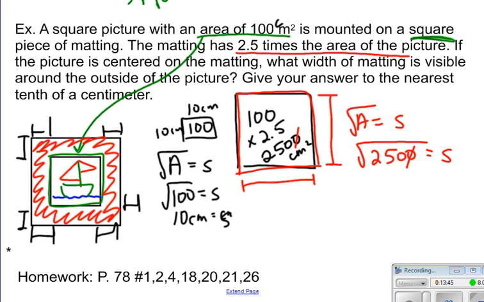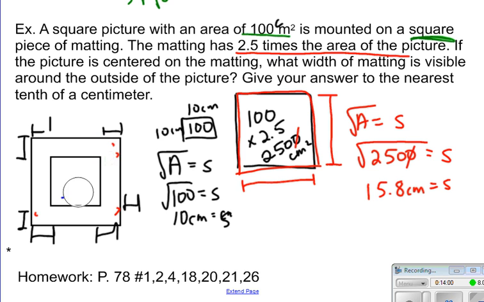When we square root 250 centimeters, we get 15.8 centimeters in length. So, going back to this picture, I'm going to erase a little bit here because it's getting a little crazy. Okay. We know that here to here is 10 centimeters. And we know that this full length is 15.8 centimeters. That's rounded.